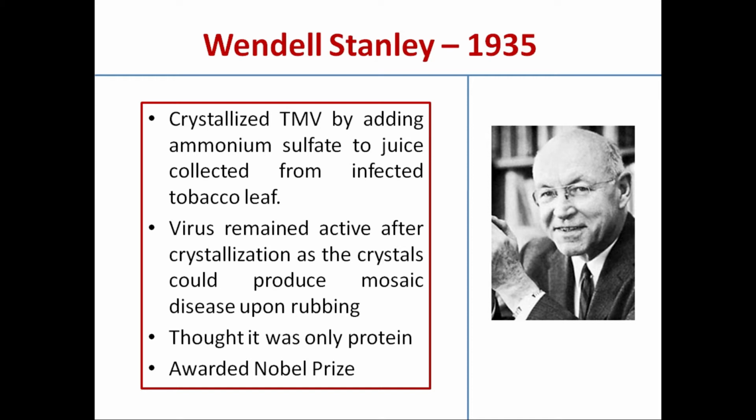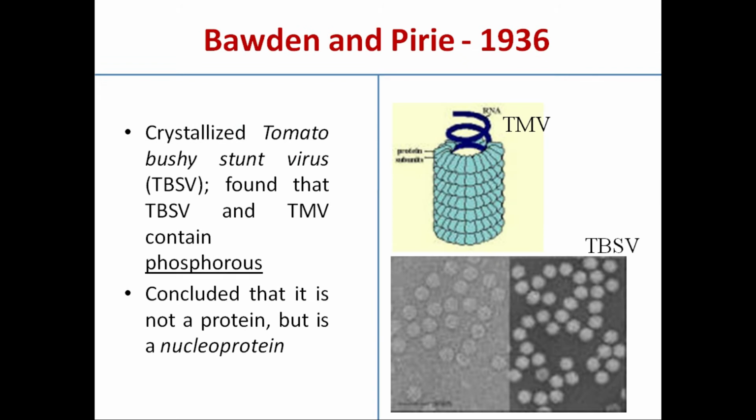He thought that it was only protein because he could crystallize it. His discovery, unraveling the nature of virus, awarded him the Nobel Prize. Later, Bawden and Pirie crystallized tomato bushy stunt virus and found that both tomato bushy stunt virus and tobacco mosaic virus contain phosphorus.